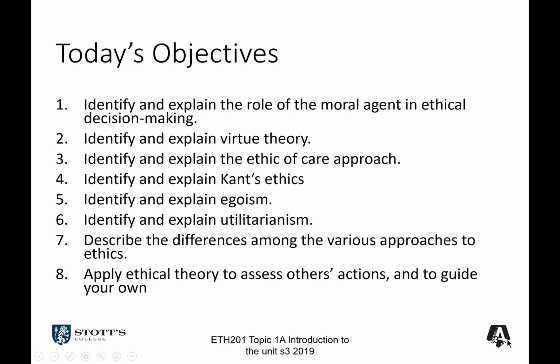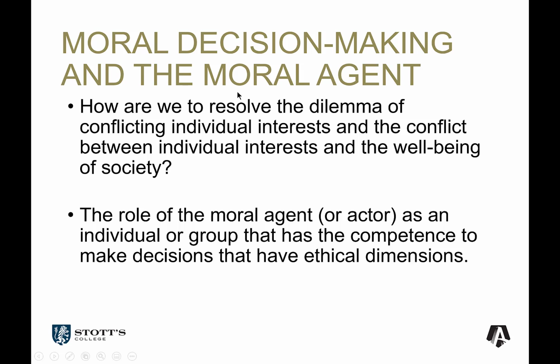So let's start now and look at our first objective: explain the role of the moral agent in ethical decision making. This is really a definitional term. We're going to define what moral decision making is, building on what we talked about last week, and then we're going to say who the moral actor is.